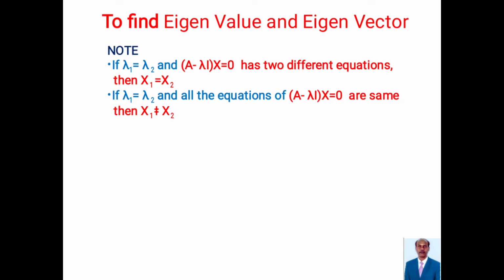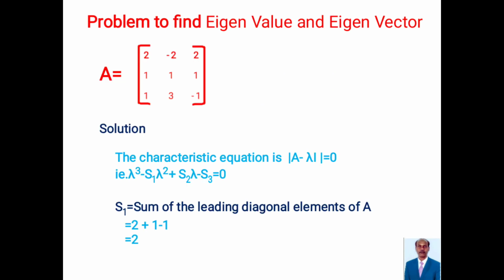If two equations are different, we get two equal vectors. Suppose two eigenvalues are the same and all the equations of A minus lambda I times x equals 0 are the same, then x1 is not equal to x2. That means we get different eigenvectors.